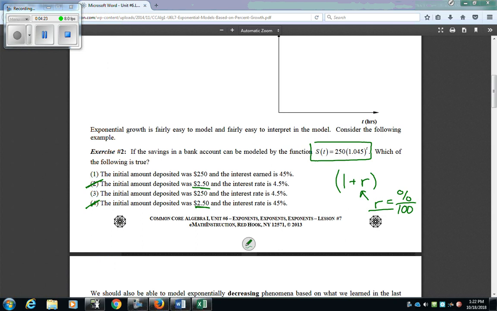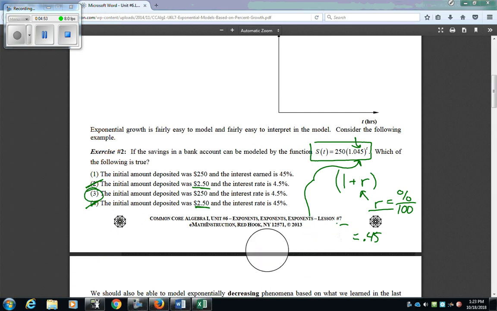In the case of the two that we have, 4.5 and 45, if I take 45 and divide it by 100, with my calculator I get 0.45, which is obviously not this because there's a 0. But if I take 4.5 and divide it by 100, I get 0.045, which does match what's in the parentheses. So for that reason, this one's going to be choice 3.